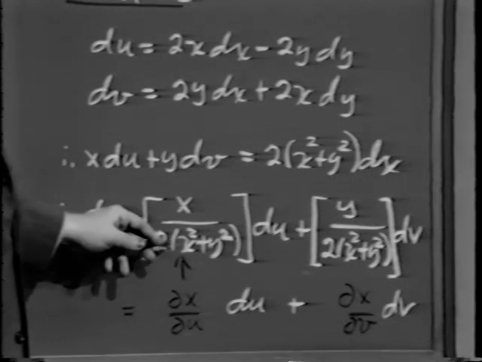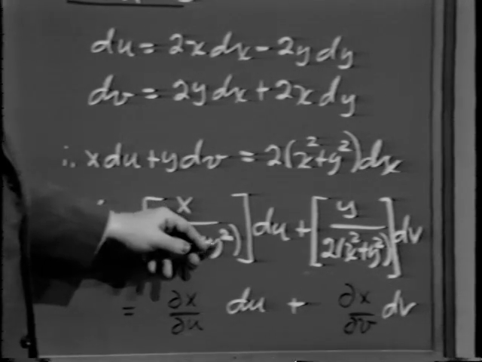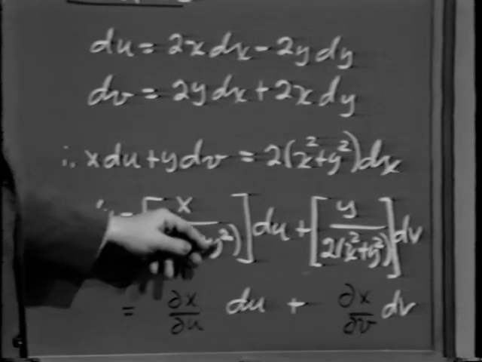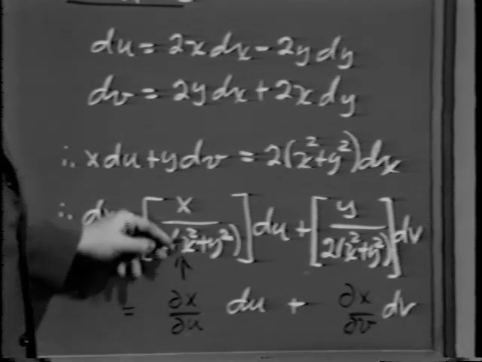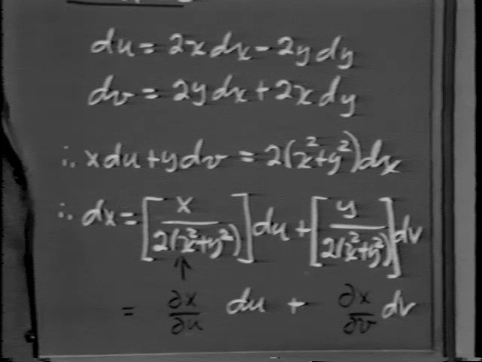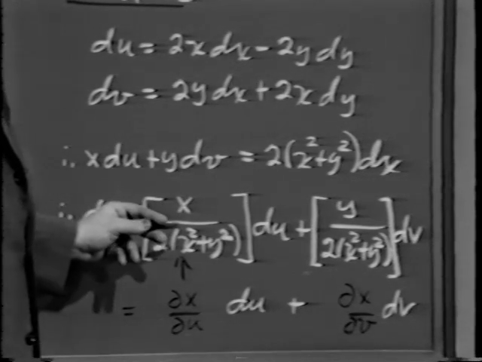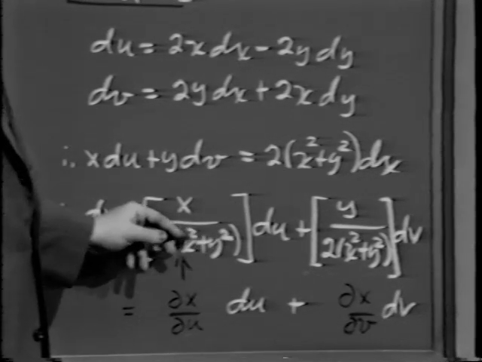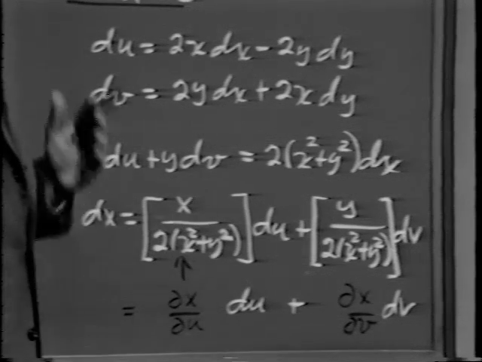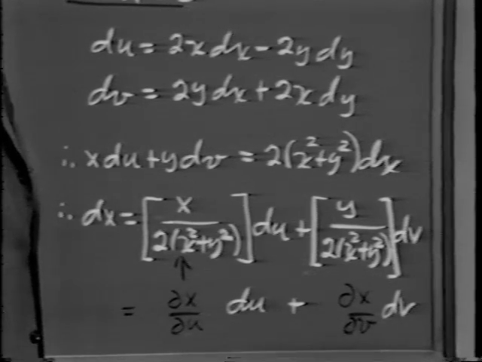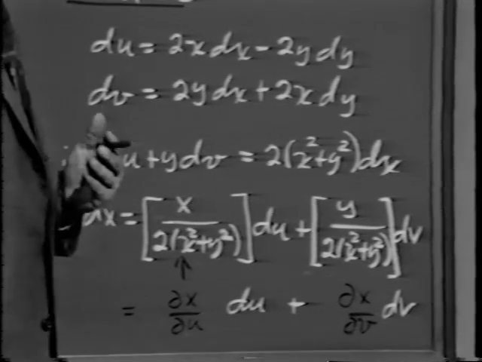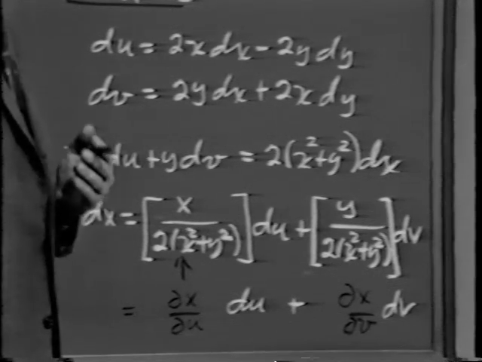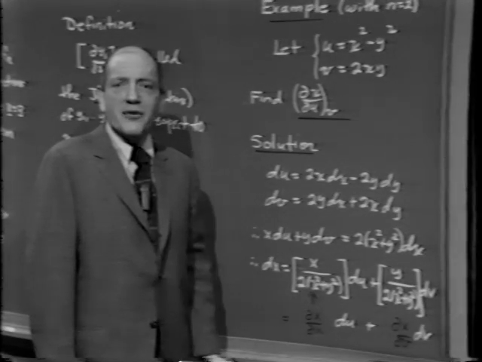In other words, I must take into consideration that I am in trouble if x squared plus y squared is 0. Notice that the only time x squared plus y squared can be 0 is if both x and y are 0, and that means that at the point 0, comma 0, in a neighborhood of the origin, I can expect to have a little bit of trouble.